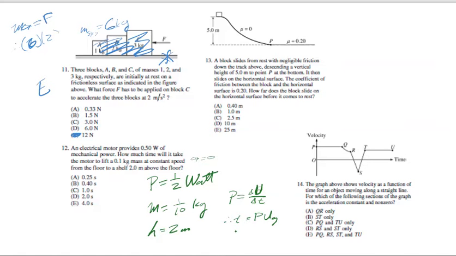Remember, U is mgh. So time is going to be 1/2 watt, that is 1/10 of your mass, that is 10 times your acceleration due to gravity, and that is 2 times your height. Okay. I did that wrong. Hang on.